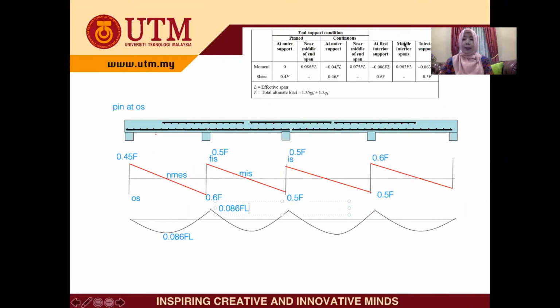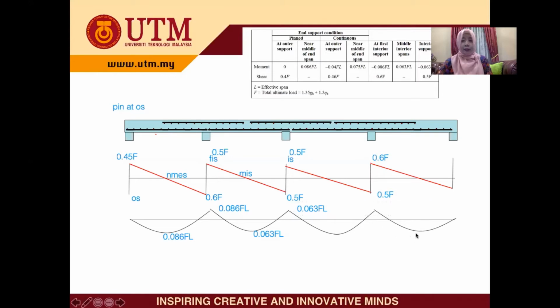Middle interior span 0.063FL. At the interior support also 0.063FL. And then you can repeat again, starting from the right.